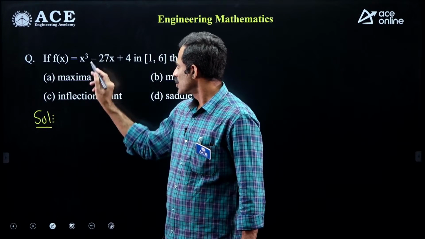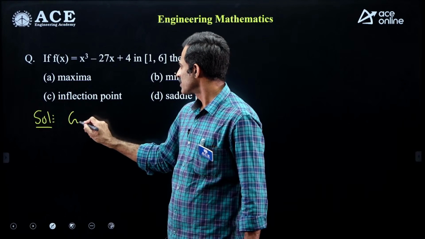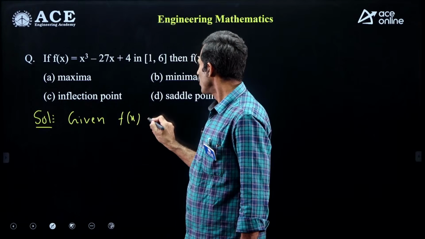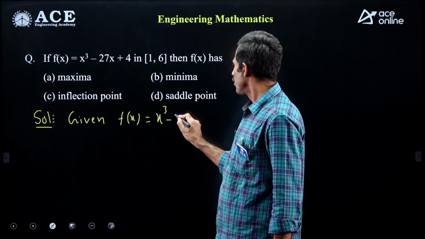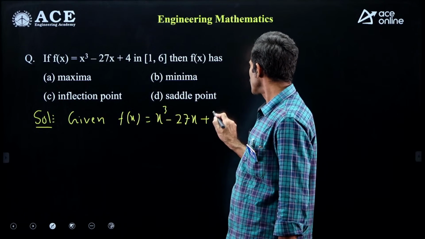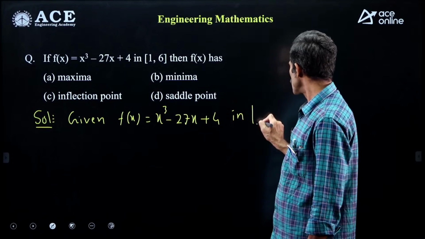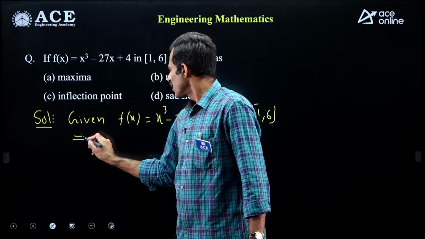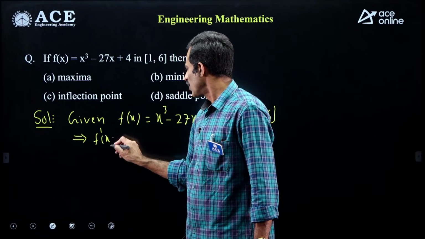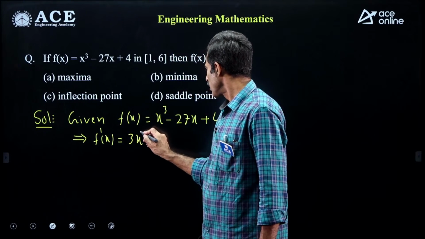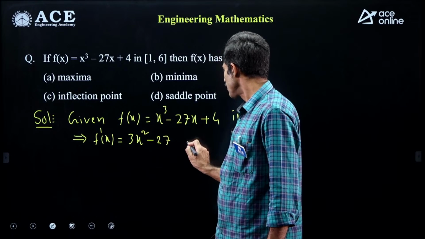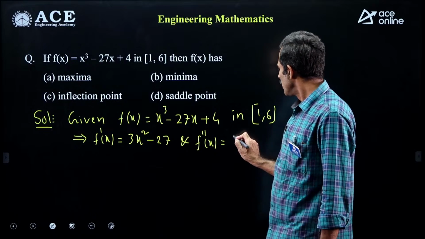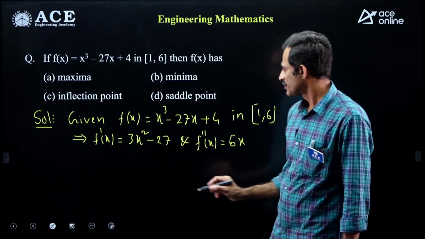Now the given function is f of x equals x cube minus 27x plus 4 in the closed interval [1, 6], which implies f dash of x equals 3x square minus 27 and f double dash of x equals 6x.